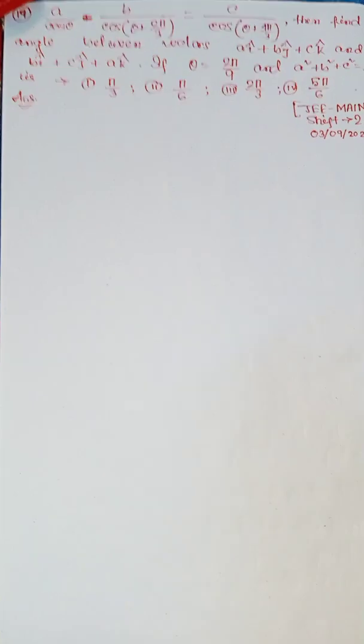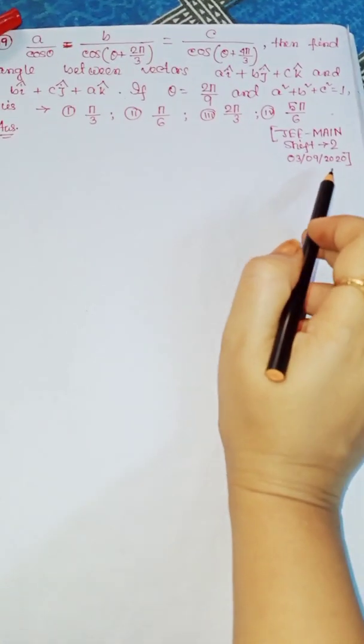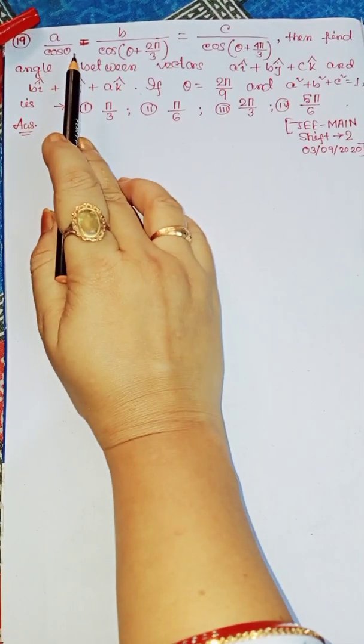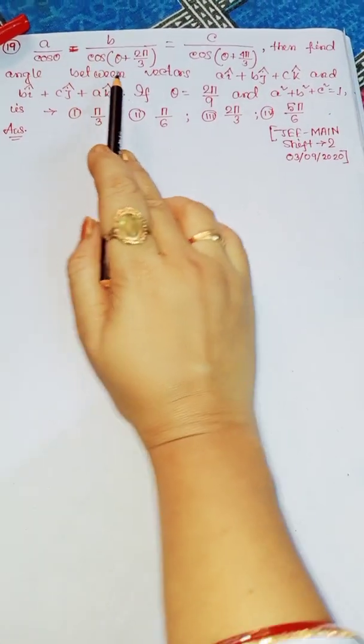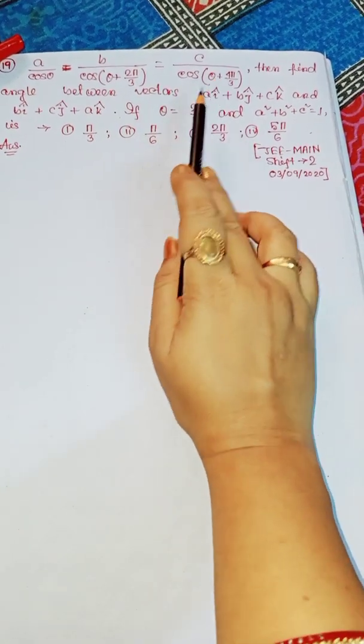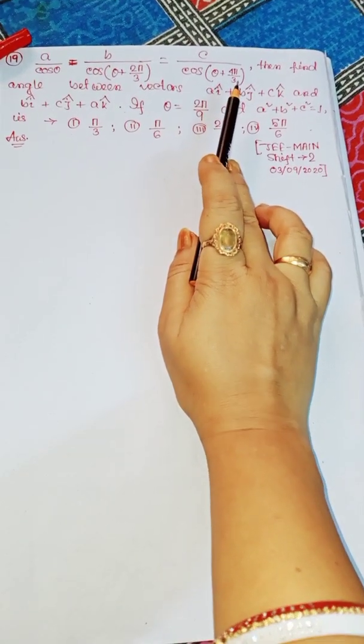Today we solve JEE Main Shift 2, 3rd of September 2020, question number 19. A by cos of theta is equal to B by cos of theta plus 2 pi by 3, is equal to C by cos of theta plus 4 pi by 3.